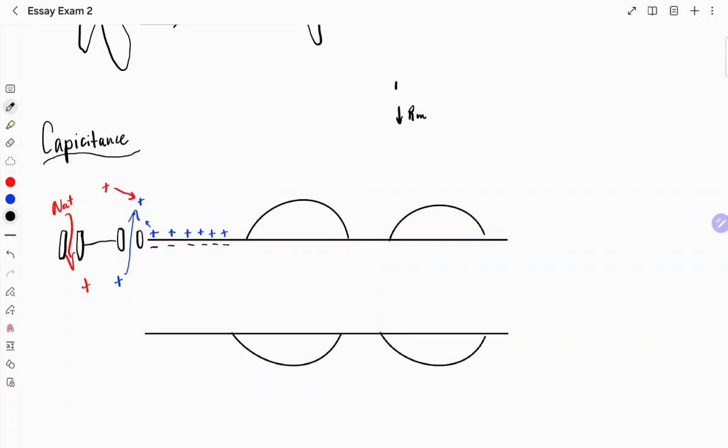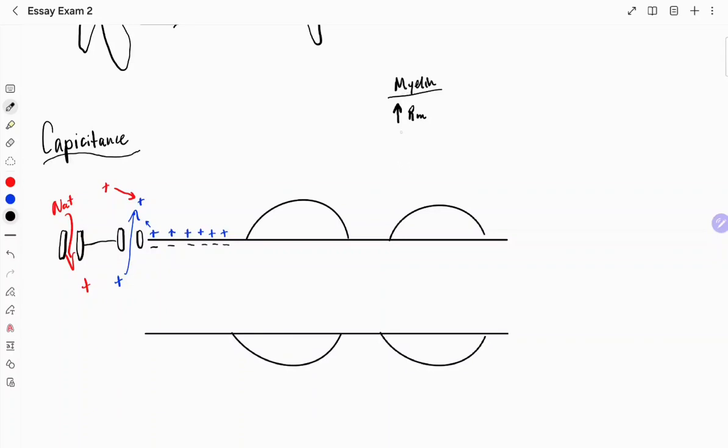Let me do it like this, myelin. And it's also going to increase, sorry, no, that's incorrect. Let's back up. It's going to increase membrane resistance because it's harder for ions to travel through the cell membrane.